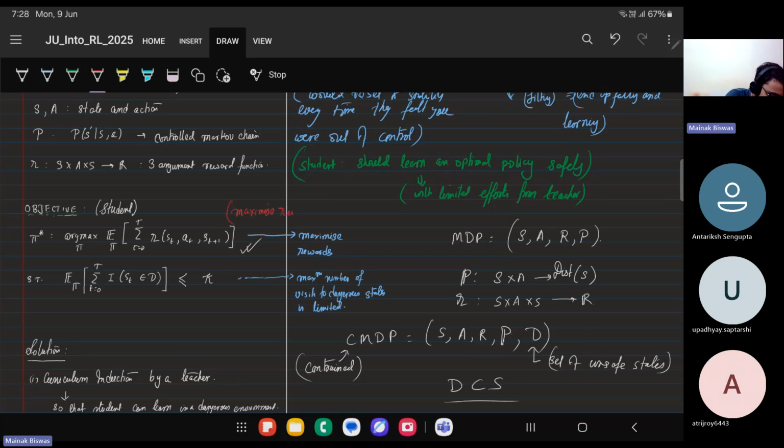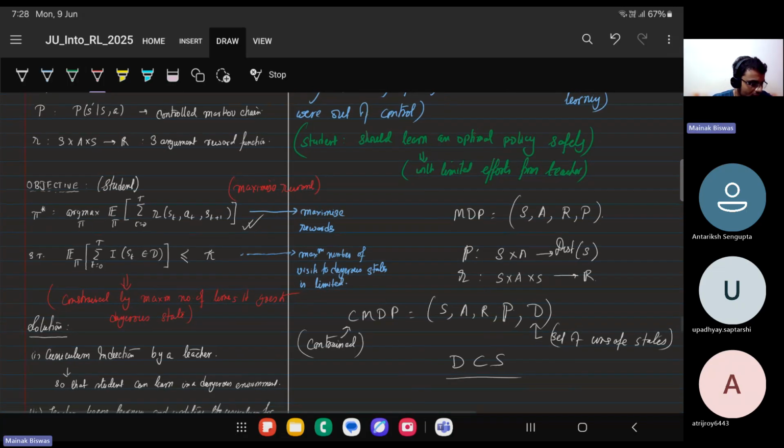Maximize reward, constrained by a maximum number of times it goes to dangerous states. Questions? This is the objective of the student that we want to learn. Is it clear till this much?